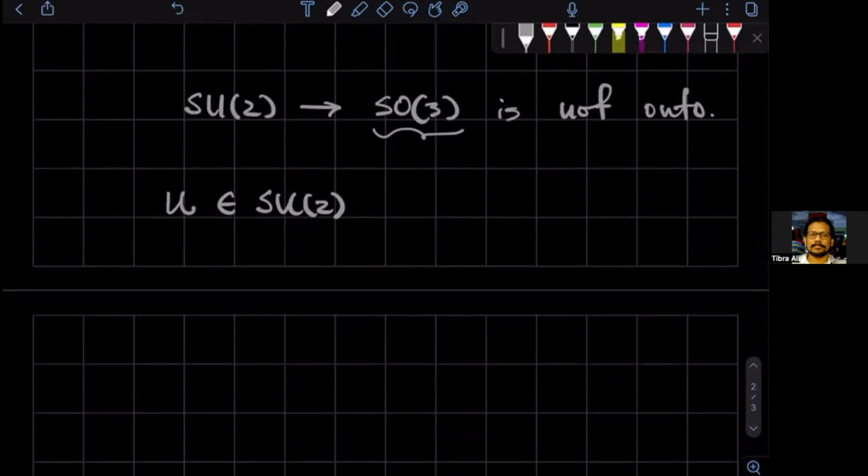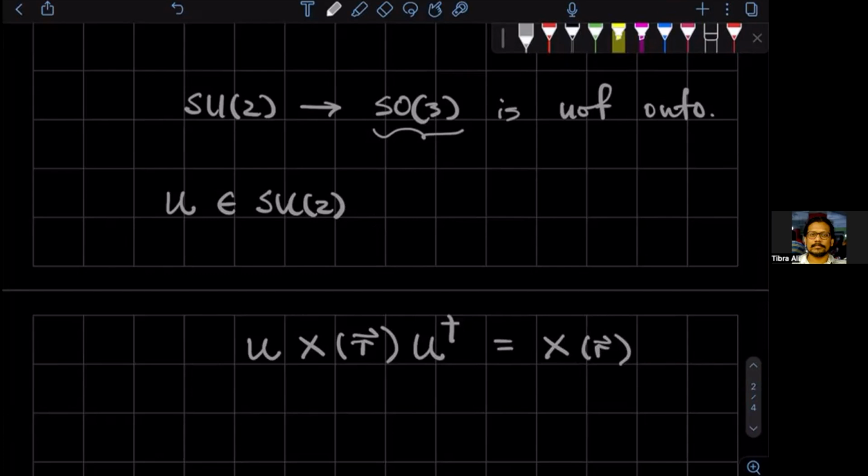So under the transformation of such a matrix U on X of R, it would not change, right?